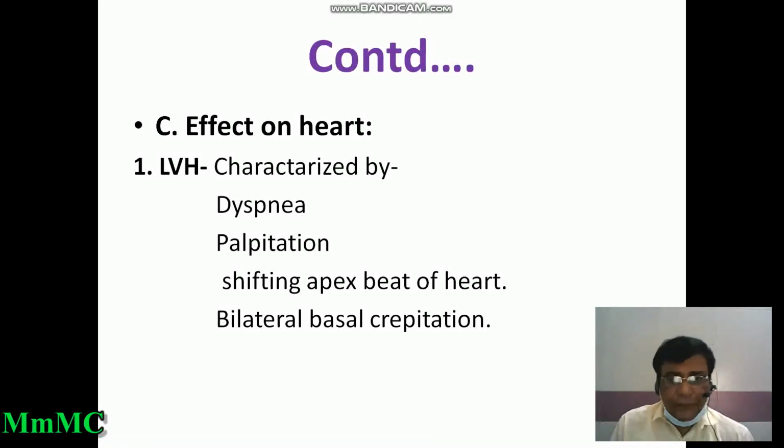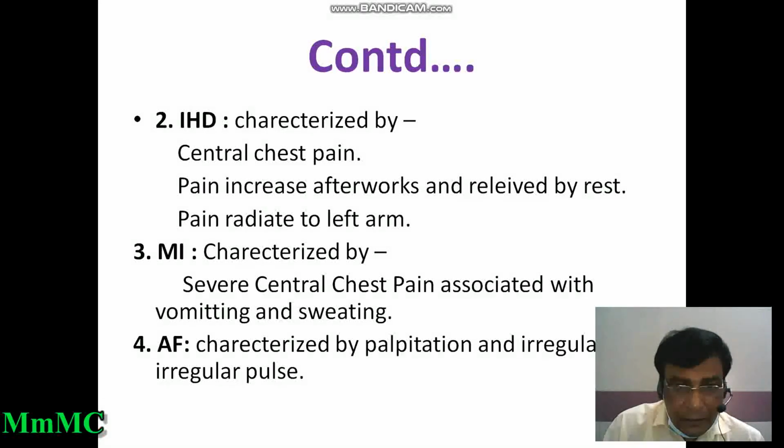The effects of hypertension on heart: one is LVH, which is characterized by dyspnea, palpitation, shifting of the apex beat, and bilateral basal crepitation. And ischemic heart disease characterized by central chest pain, pain increases after work and relieved by rest, and pain radiates to left arm.